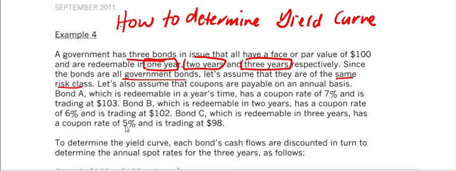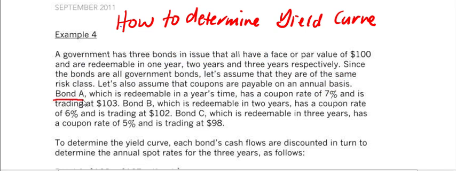Let's assume that the coupons are payable on an annual basis. Now, bond A is redeemable in 1 year's time. So bond A will help us to find the yield for the first year, which is coupon of 7 and is trading at 103. Let's find the bond A's yield.